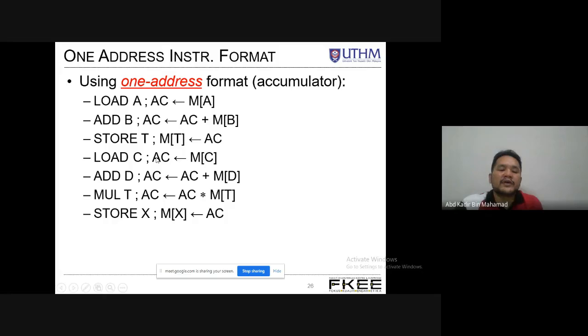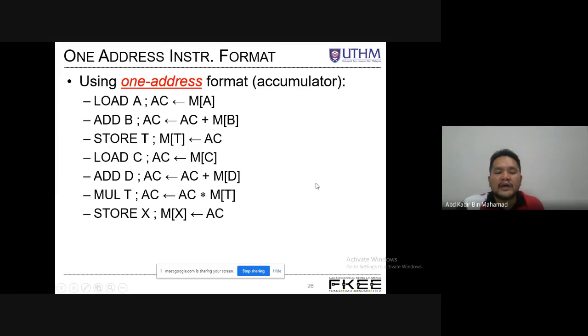Then load C to the accumulator, then add D to the accumulator and store at the accumulator. Then multiplication with T, then store at X. So they involve 7 instructions.